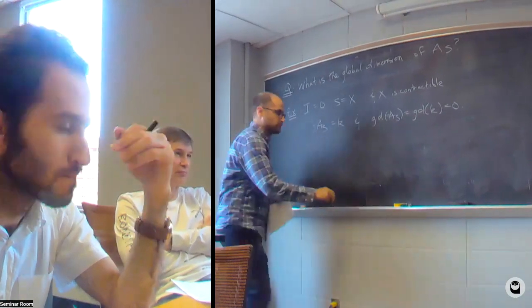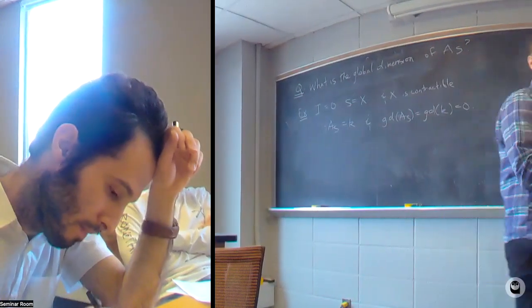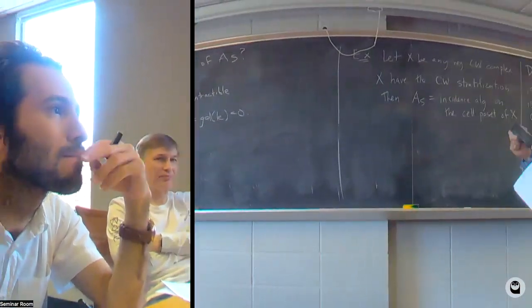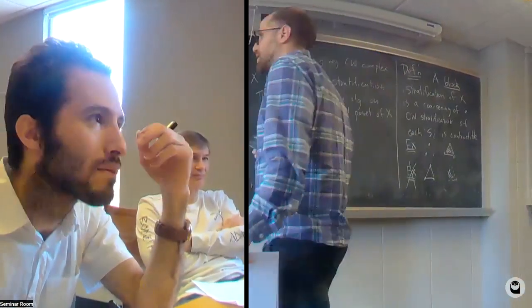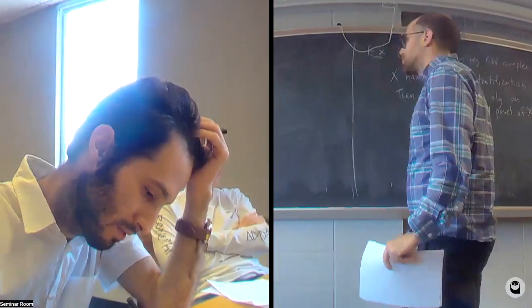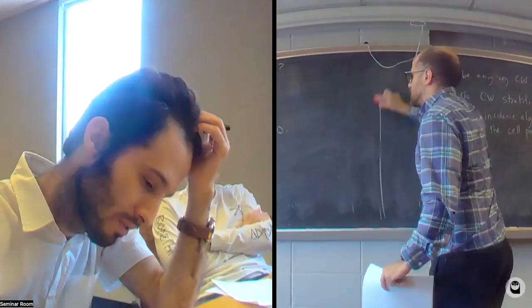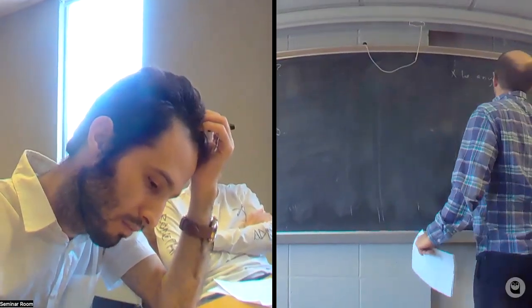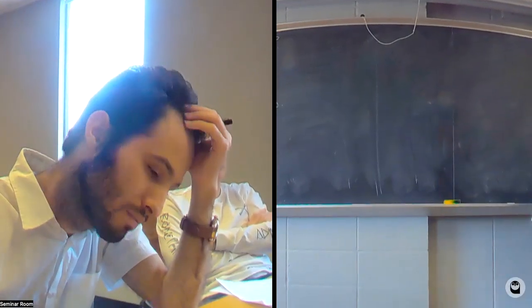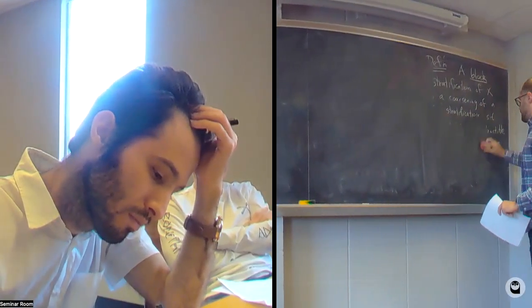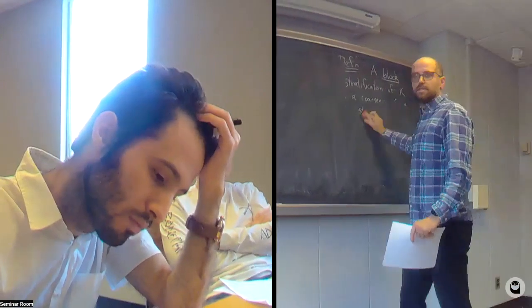Okay. So maybe there's some more exciting example like the CW stratification. I will see that that one is the dimension of the CW complex. And anything in between can happen. It could be zero.